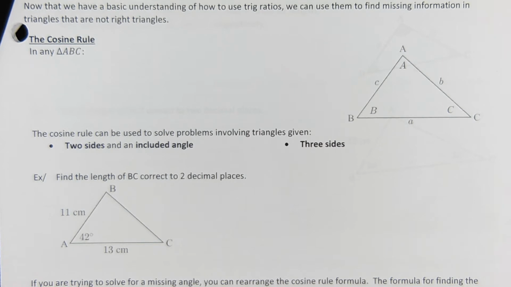Okay, so the general cosine rule, which mind you, you don't have to use the letters that I'm giving you. It's more about the positioning of the letters that matters.